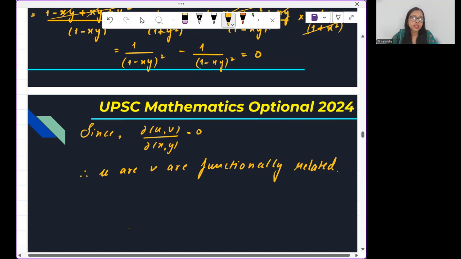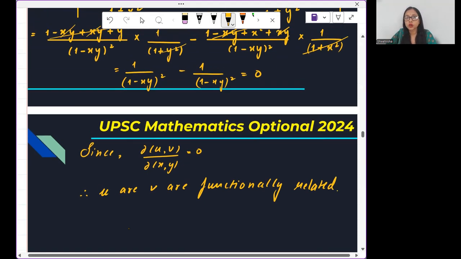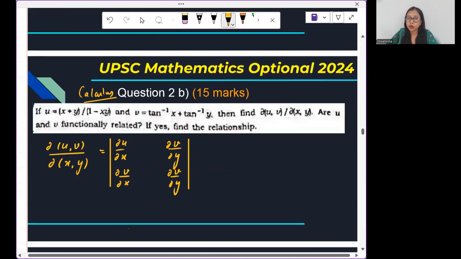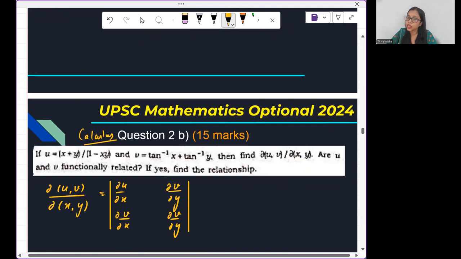And what is the relation? Now there is no method or formula by which you can find the relation. In this part, it was very obvious. Just look at the expressions of u and v. You look closely, this is a very famous trigonometric identity.